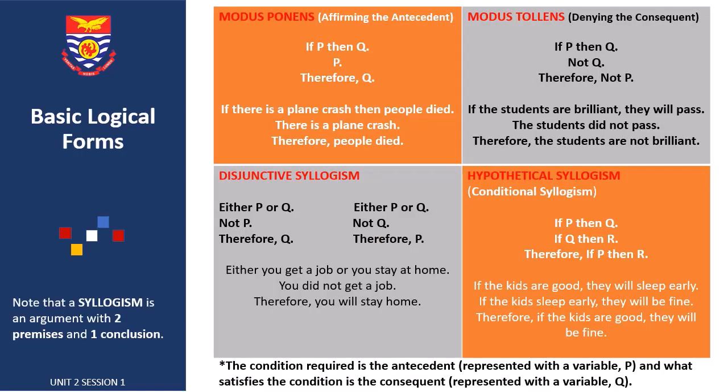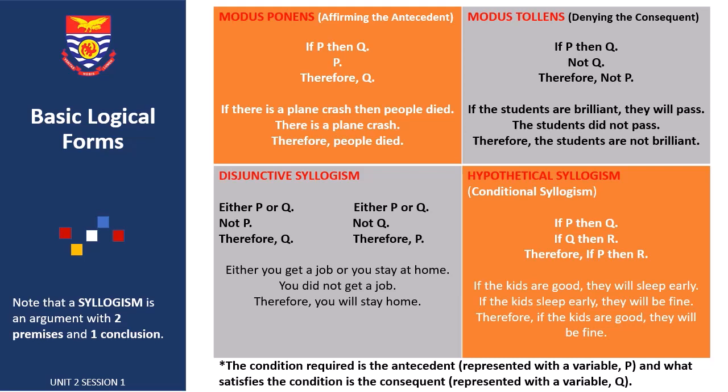Now let's look at what we have here for basic logical forms. Understanding the basic logical forms, you know that there are some common types of deductive argument which we use in our everyday life. We try to make deductive arguments of this nature, and we want to discuss them as basic logical forms.